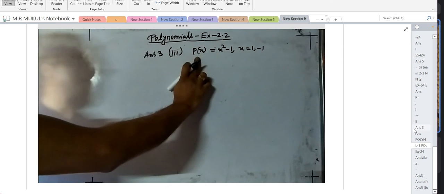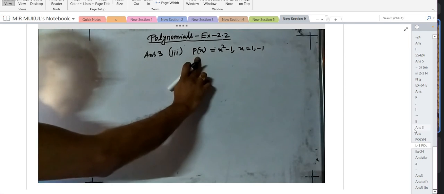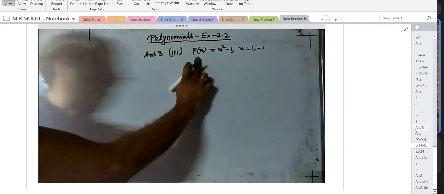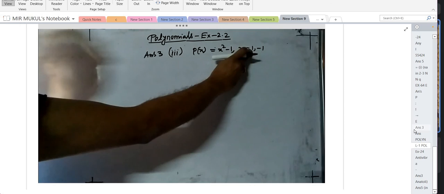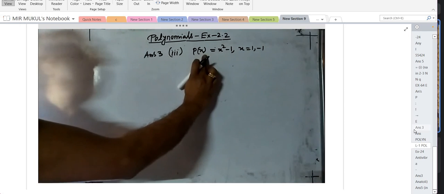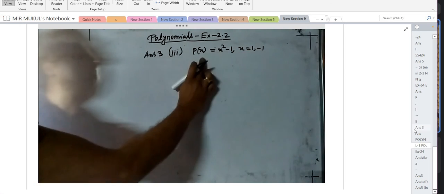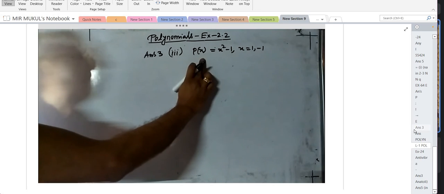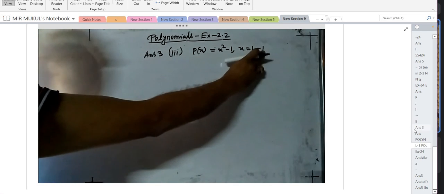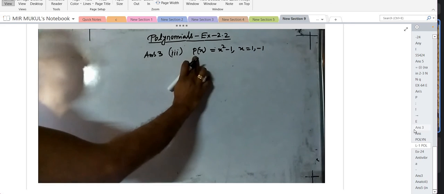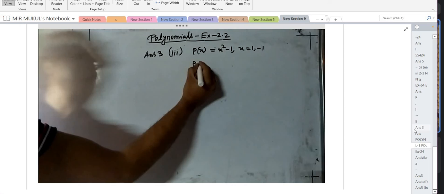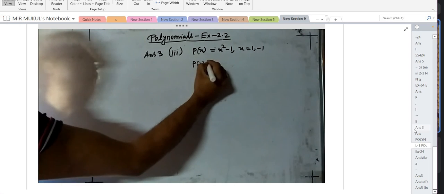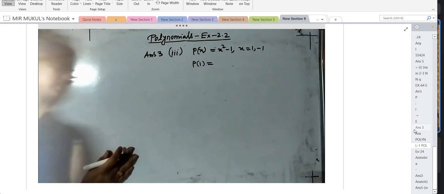We know the definition of a zero of a polynomial: if p(c) equals 0. That means if p(1) is 0, then we can say x equals to 1 is a zero of p(x), or if we get p(-1) equals to 0, then we can say that x equals to minus 1 is a zero of p(x). First I am checking for x equals to 1. That is, I am finding p(1) and checking whether it is 0 or not.